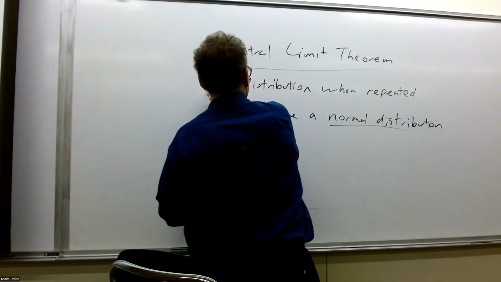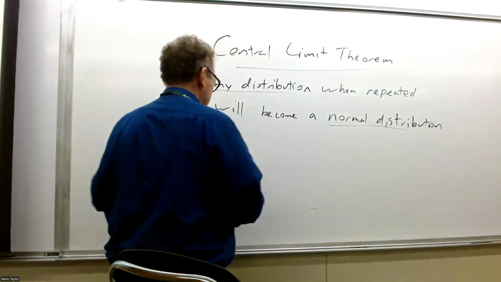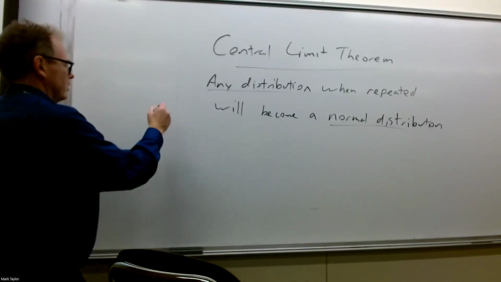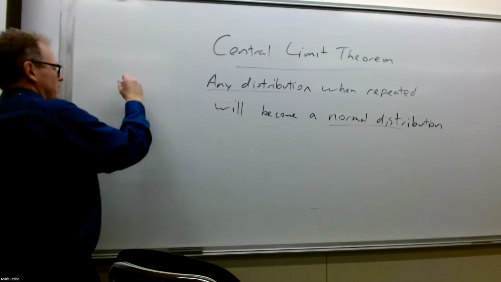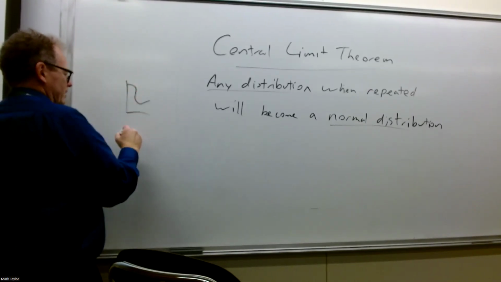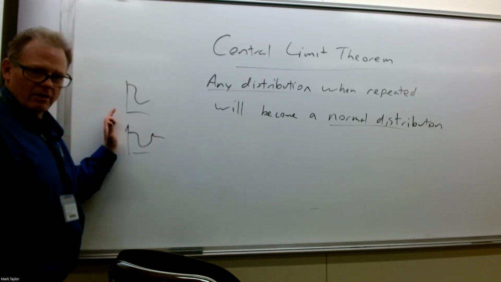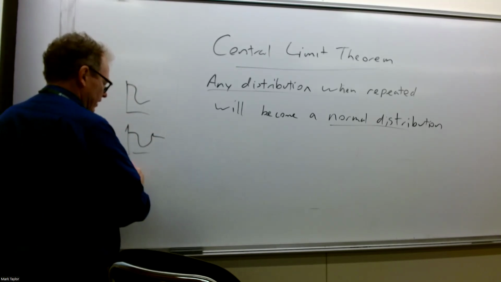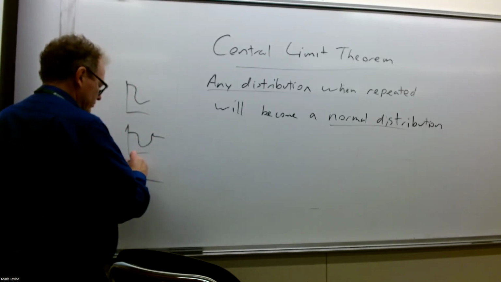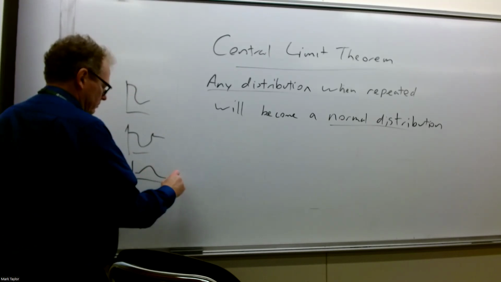So any distribution, whatever wacky distributions you can have, it could look like this, it could look like this, or whatever it is. If you do it enough times, it's going to end up looking like a normal distribution. Like that.